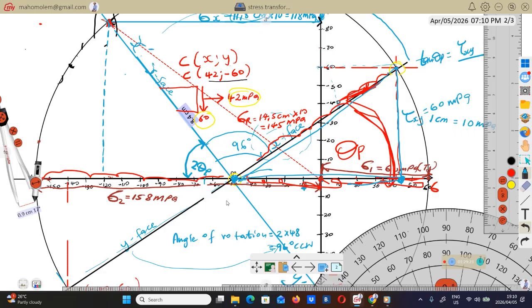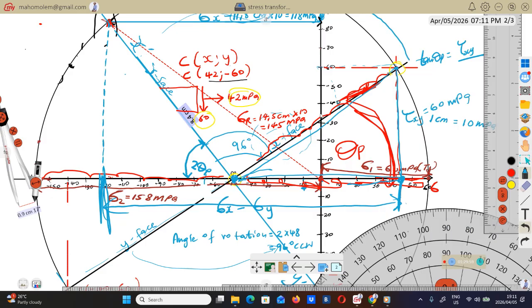To find that distance, we have to find this whole distance, which will be given by stress x minus stress y. So that is the general formula.